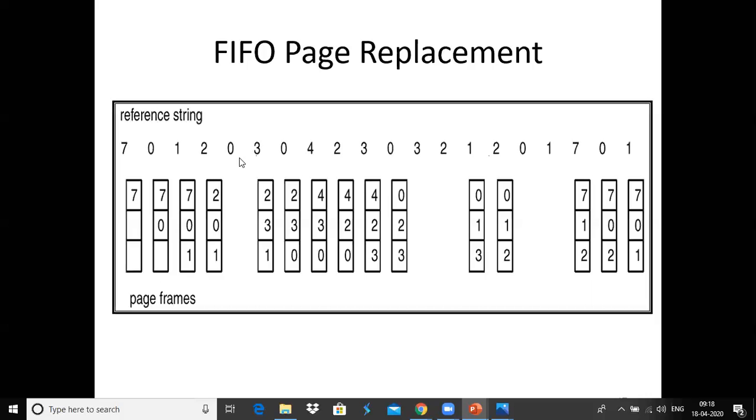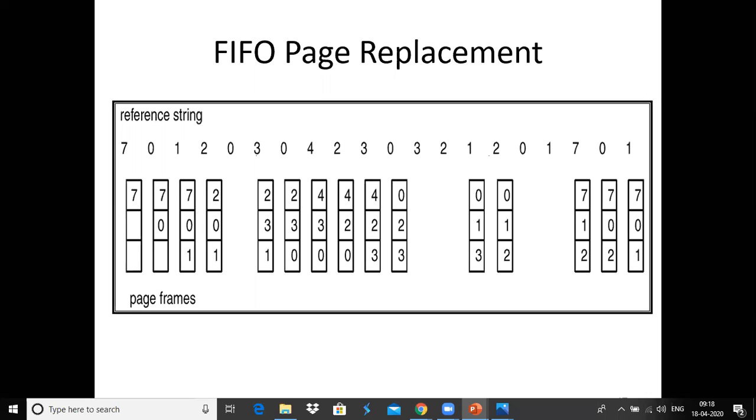And again 0 comes, but 0 already exists in the frames. So no page fault for 0. Again a request for memory reference 3 occurs, but all the frames are completely filled in. So apply the FIFO page replacement algorithm.